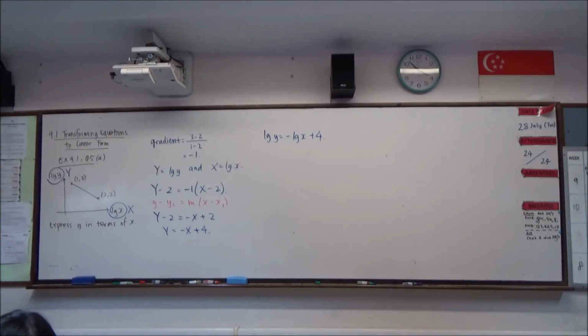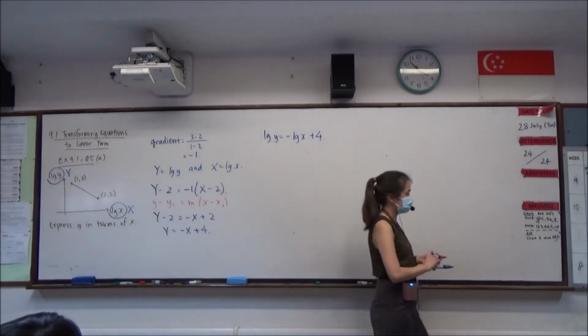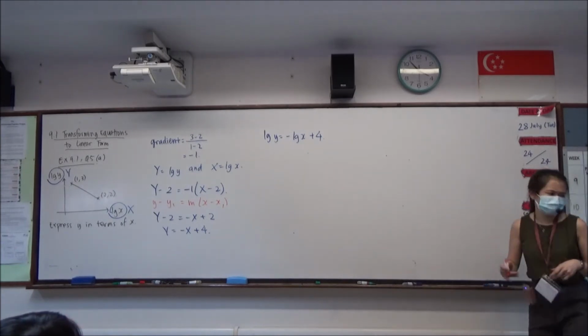Change the form to log. Okay, how to change to log? No? Okay, you want to abandon the plan? Any other plan? No? Okay, what do you think? What will you try to do? Our logarithm laws. I think I gave you all the small booklet, right? I think inside got logarithm laws, correct?